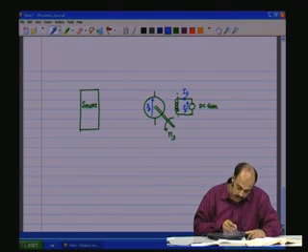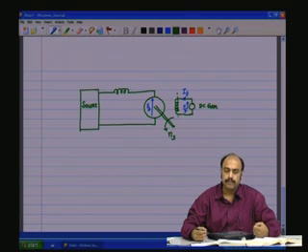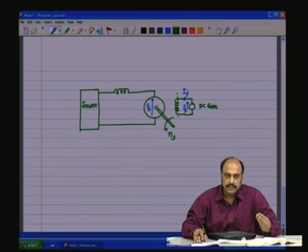Between the source, we are representing a single phase equivalent. Between the source and the motor, there will be an equivalent reactance. Of course, there will also be the resistance, which is the winding resistance of the stator coils.